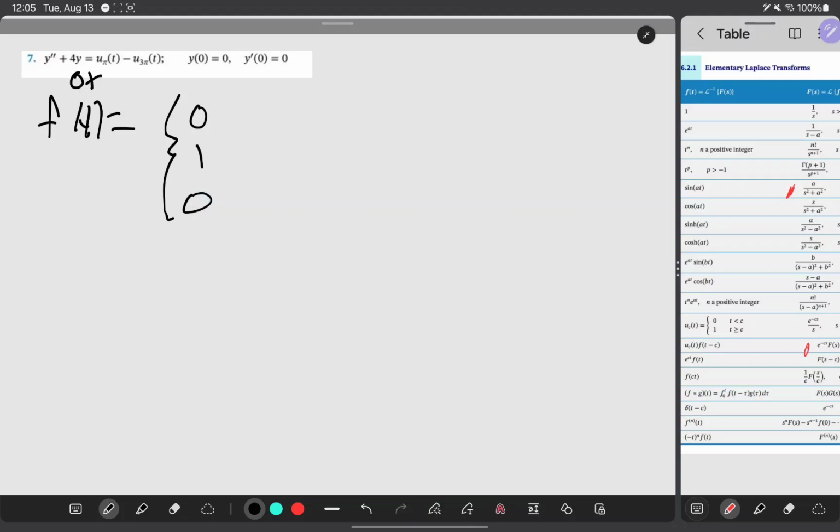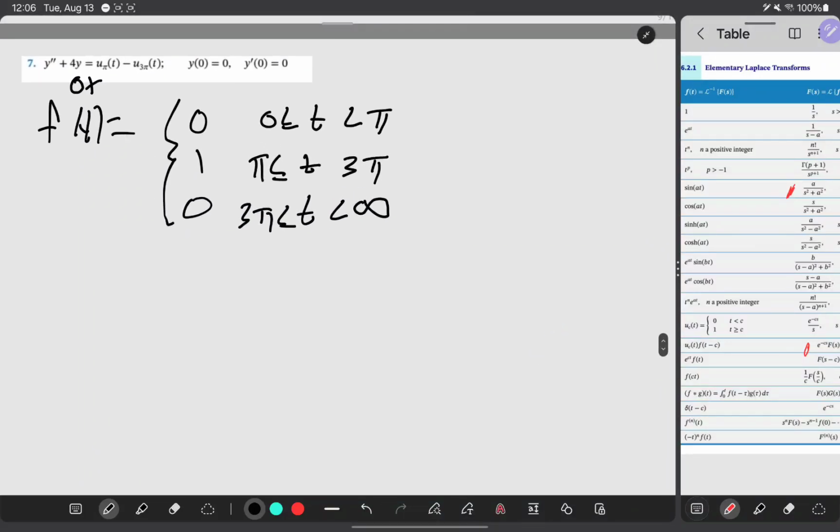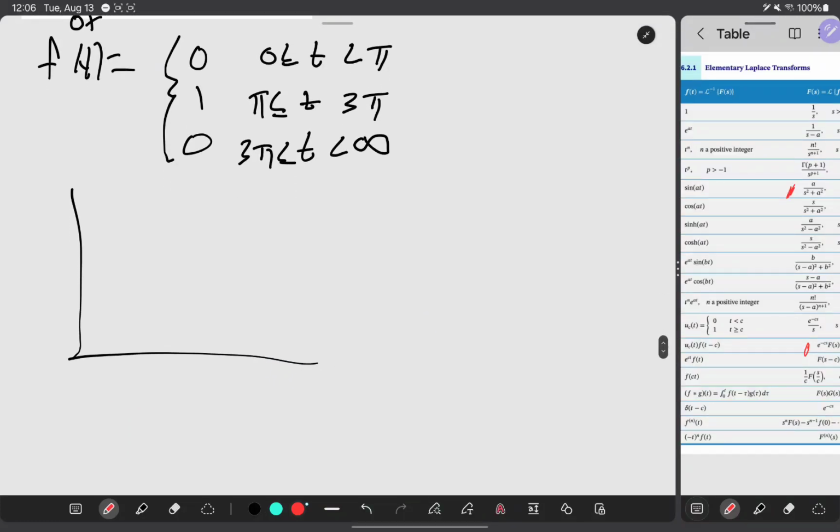Okay, oh, this isn't too bad. This is when it's greater than or equal to 0 and less than pi. This is between pi and 3 pi. And this is everything greater than 3 pi. This is an easy graph too. Starts at 0, goes up to 1, goes back down to 0.